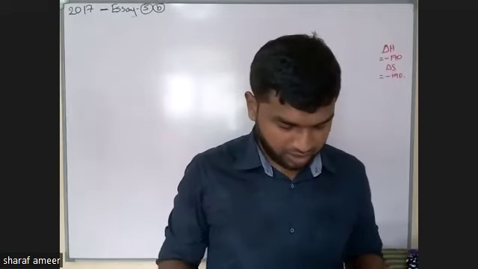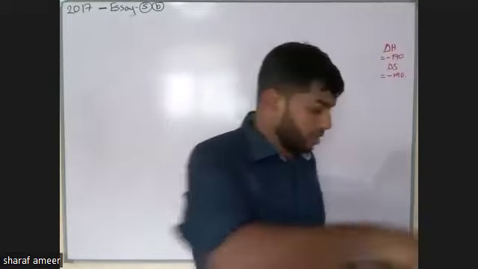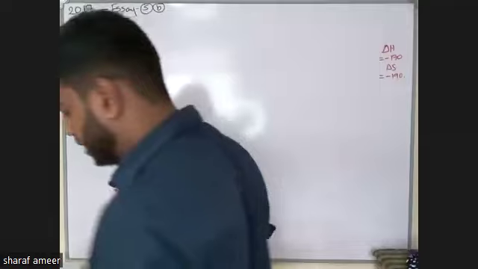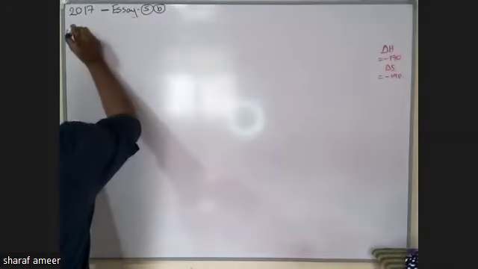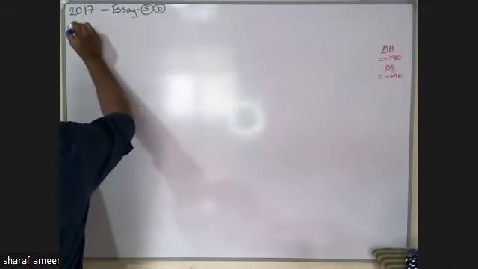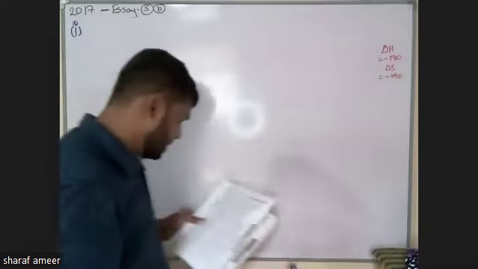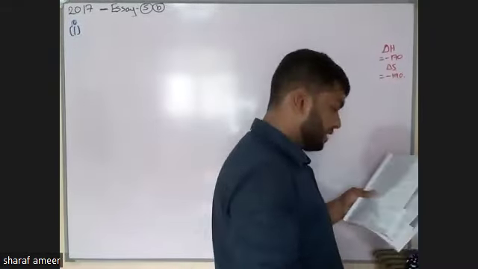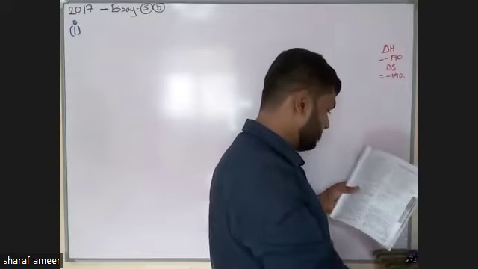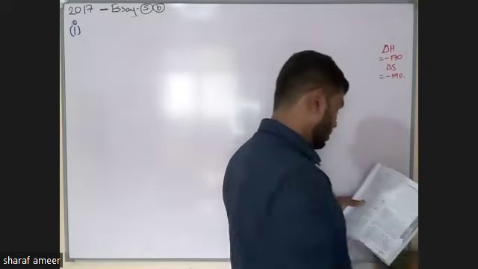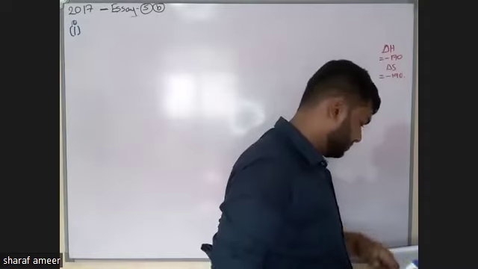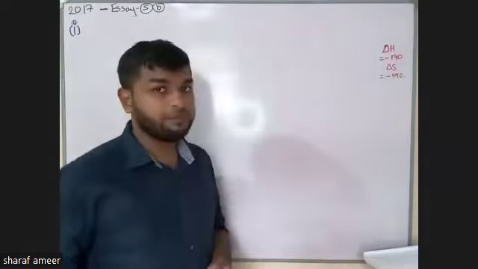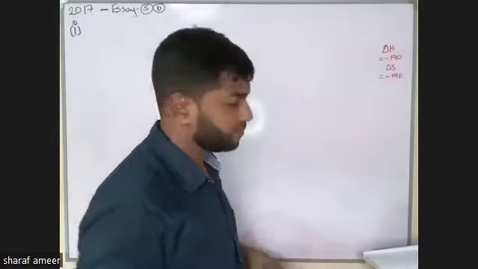Right. The first question: calculate the enthalpy changes in kJ mol⁻¹ of the reactions given in step 1 and 2 above. Okay, now we are going to find out the enthalpy changes for step 1 and 2.